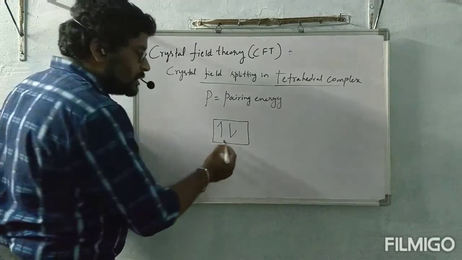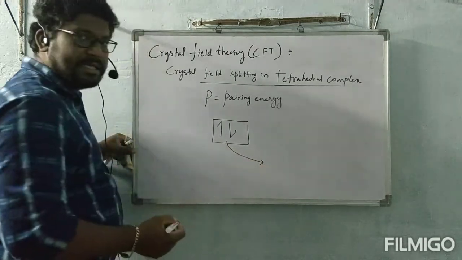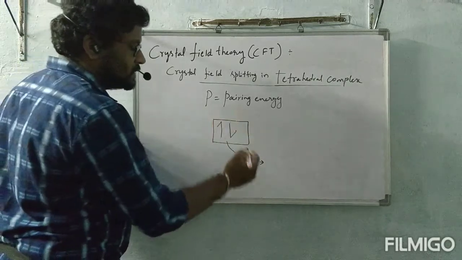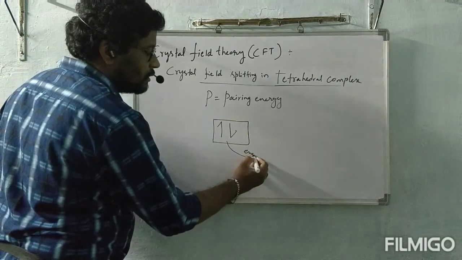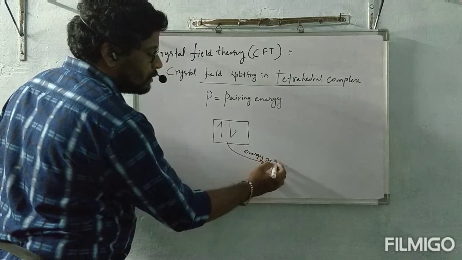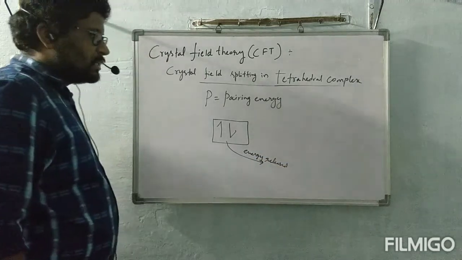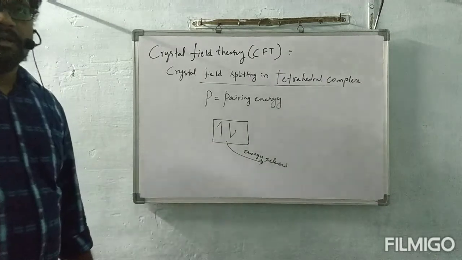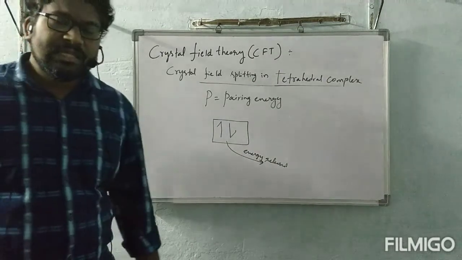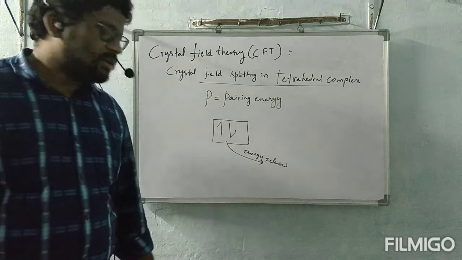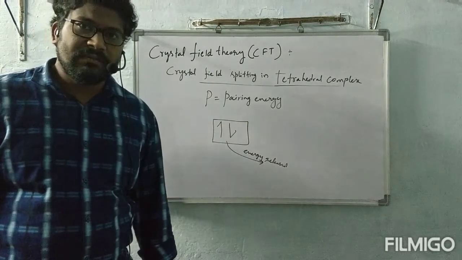At that time, some amount of energy is released. That is called pairing energy. Energy released at the time of pairing of electrons is called pairing energy.